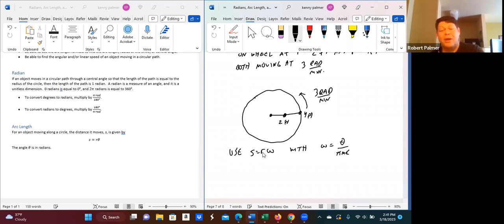What does that mean? So same formula, all we're doing is essentially dividing our angle by time. So find the speed, sorry, I need to change this too, let me start over. I didn't do this at first.